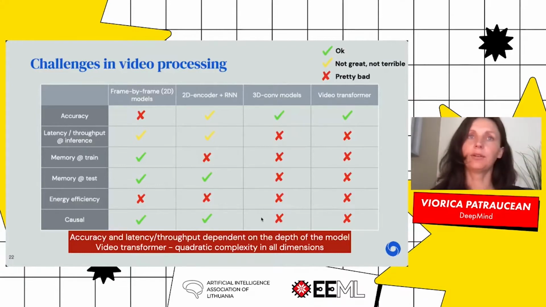In terms of memory, again, the 3D ConvNets and video transformers have high memory requirements. In terms of memory at test time, which is also very important, the image-based models are more efficient. In terms of energy efficiency, I think they're all pretty bad.